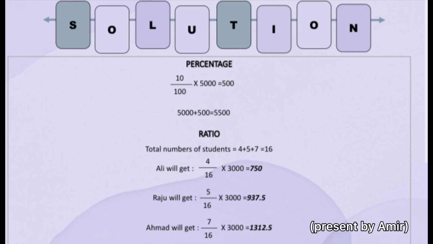The amount Raju will get is 5 divided by 16 multiplied by 3,000 and you will get 937 ringgit and 50 cent. The amount Ahmad will get is 7 divided by 16 multiplied by 3,000 and you will get 1,312 ringgit and 50 cent.